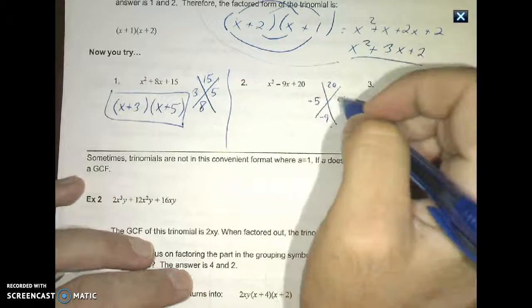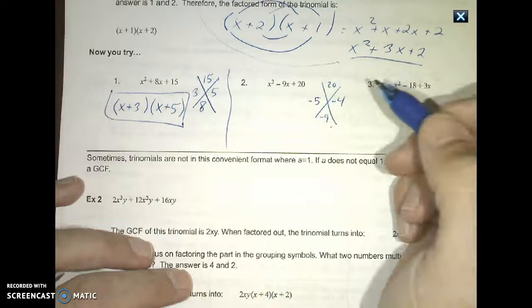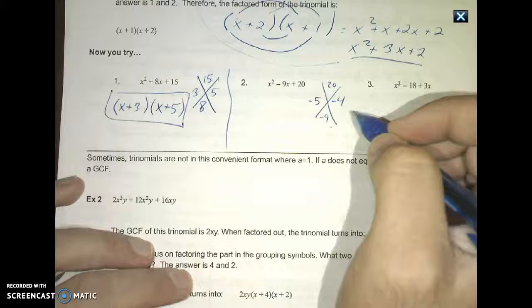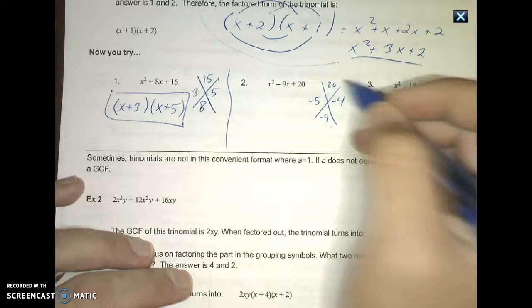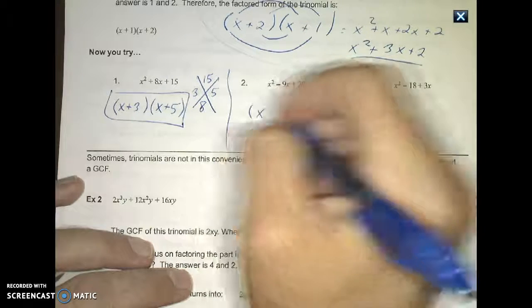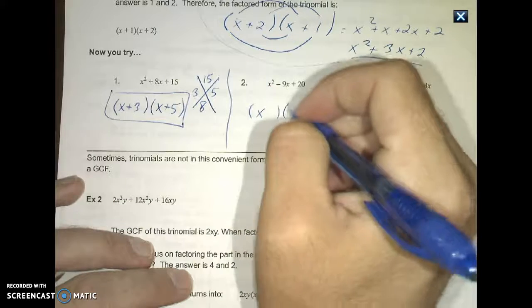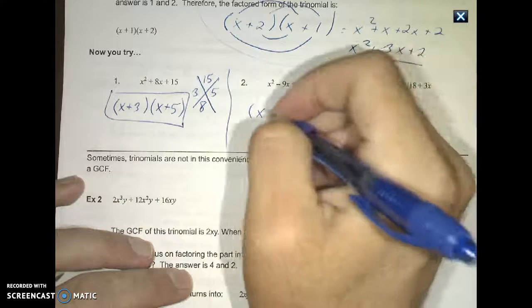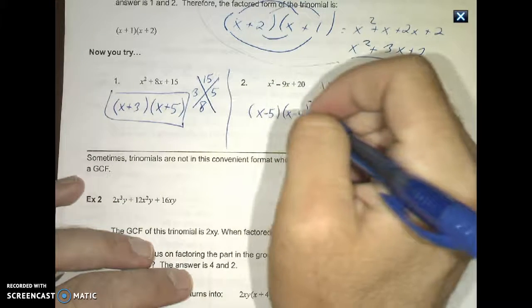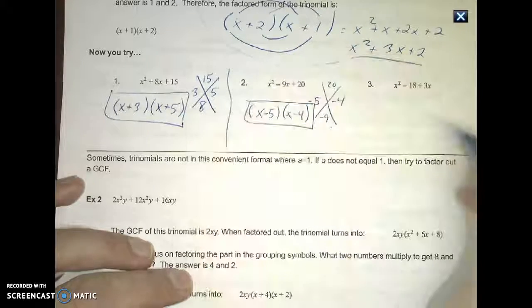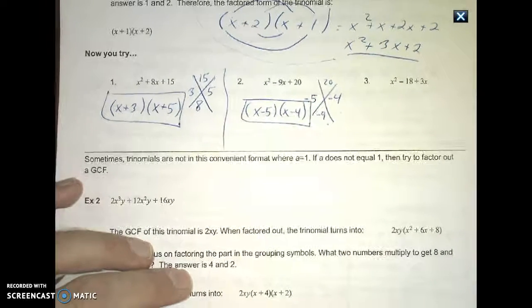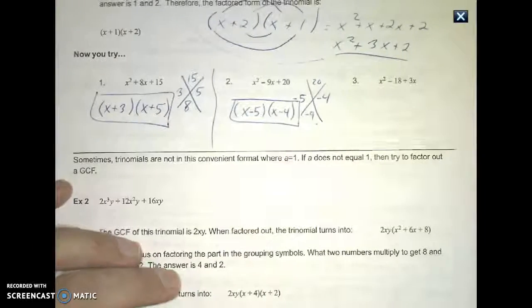So I can make these negative, because negative 5 times negative 4 gives me positive 20. So x and x, negative 5 and negative 4. You're all set.